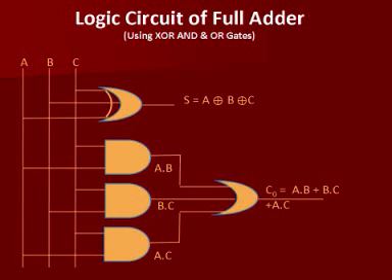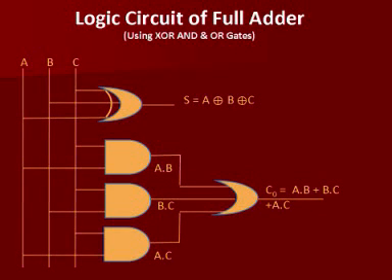The output of the XOR gate gives us the sum of the 3 bits A, B and C, that is S equals A XOR B XOR C. Now add A B, B C and A C using 3 two-input AND gates. Next, OR the outputs A B, B C and A C of the 3 AND gates to produce the carry C0 at the output of the OR gate.